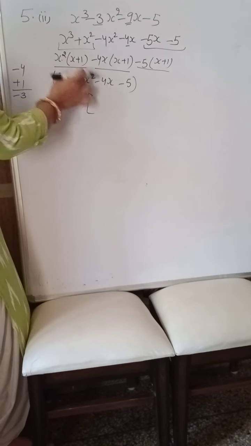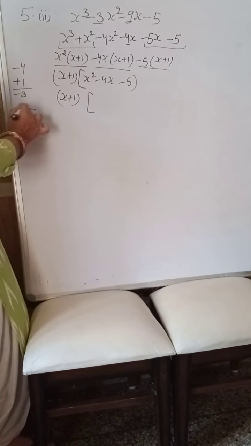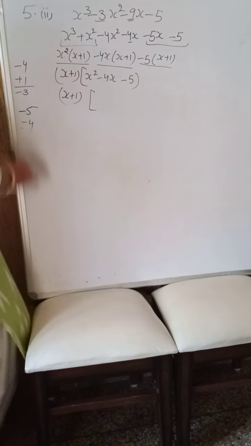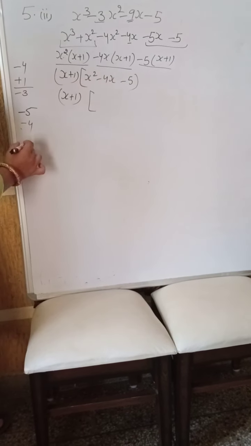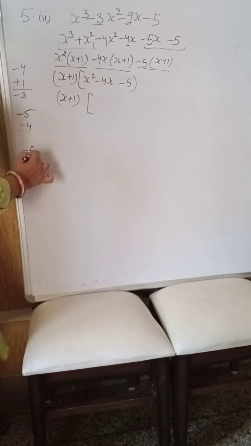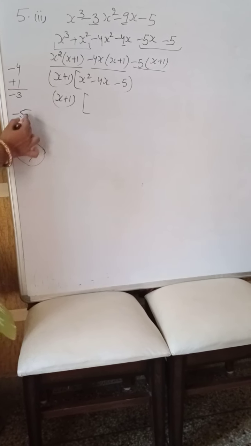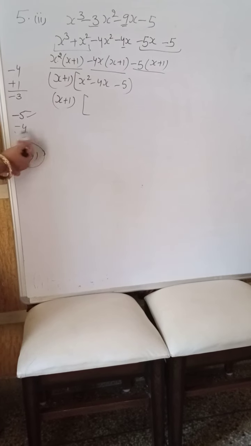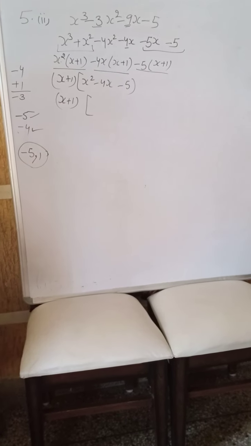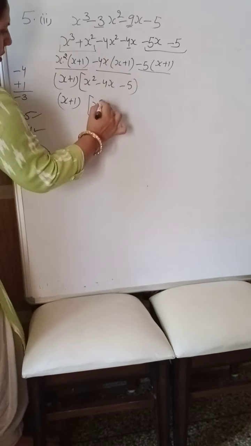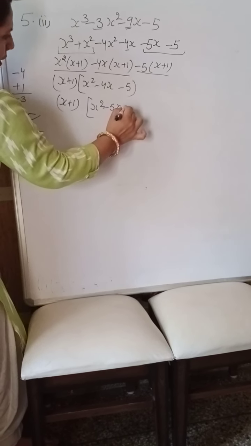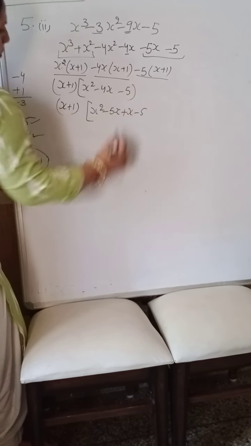The product should be equal to minus 5 and sum should be equal to minus 4. So I am taking minus 5 plus 1. If you take the product, you will get minus 5. You take the sum, you will get minus 4. So write this term minus 5x plus x minus 5.